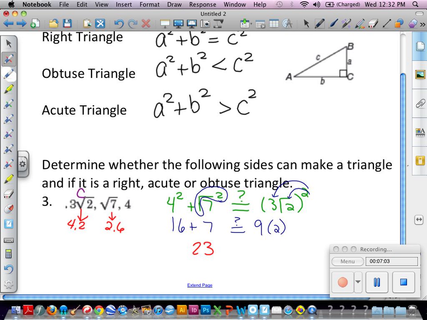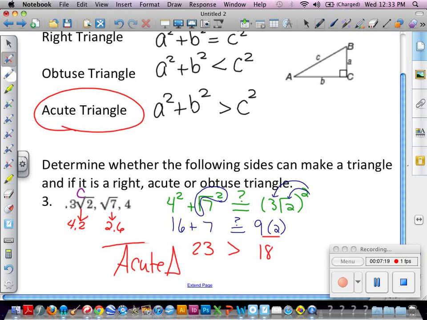That gives me 23. 9 times 2 is 18. All right, 23 is larger than 18. So I look back on my rules, greater than is acute triangle. Now you need to show that work, guys. This work needs to be shown in your homework.